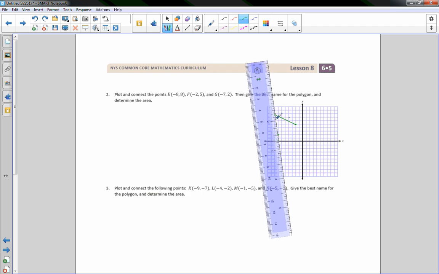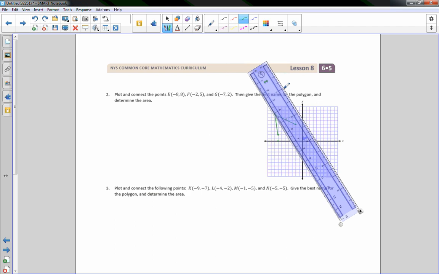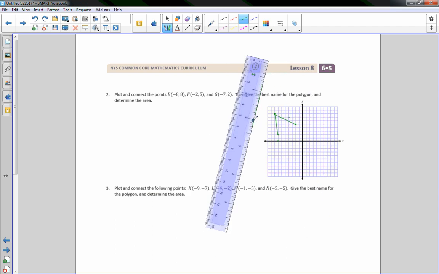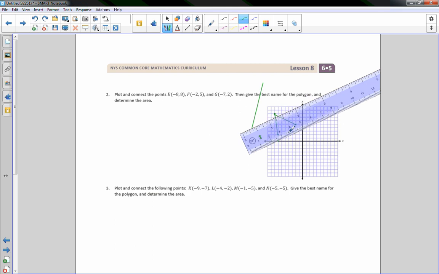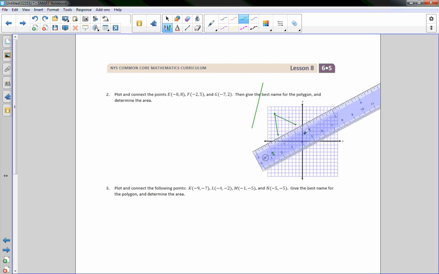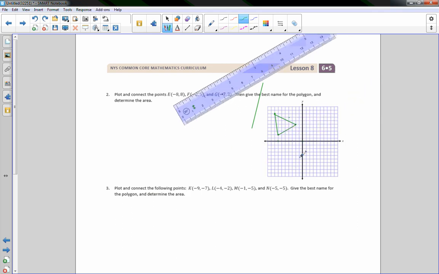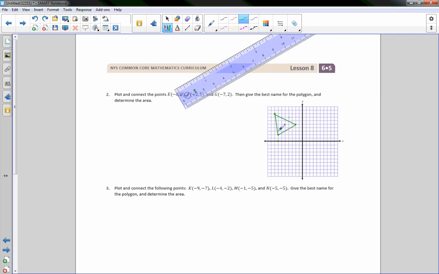Right about there. And finally rotate it around the other way. And draw that segment. Okay, and I don't see any right angles there. This doesn't look like a right angle. It's close, but it's smaller than a right angle.